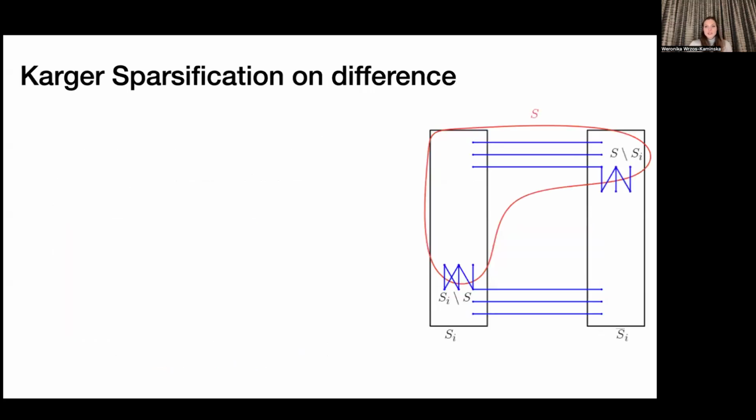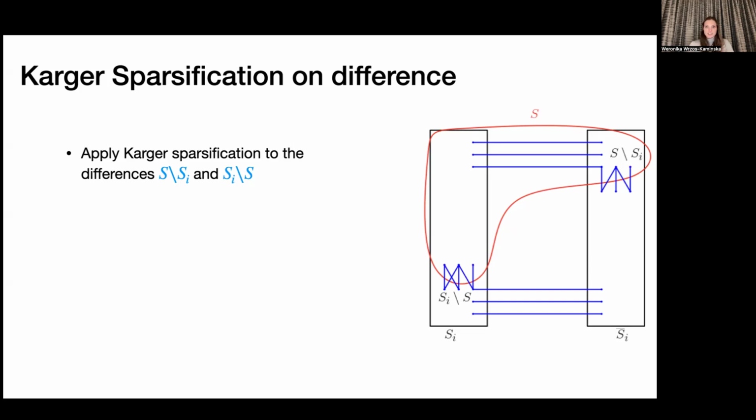What we will do instead is apply cut sparsification, but not on the entire cut, but rather on the symmetric difference of cuts. What do I mean by that? Suppose that S is a bad cut, in the sense that it's far away from all coordinate cuts, and let Si be the coordinate cut that is the closest to S. Here in the diagram, S is drawn as this red shape, and the coordinate cut Si is drawn as the two rectangles.